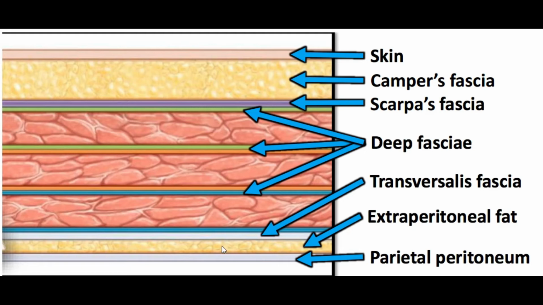Then we have extraperitoneal fat, and then the parietal peritoneum. You can find a mnemonic for this, but remember: skin, Camper's fascia, which is a fatty layer; Scarpa's fascia, which is the membranous layer; the three muscles, followed by transversalis fascia, some fat, and the parietal peritoneum.